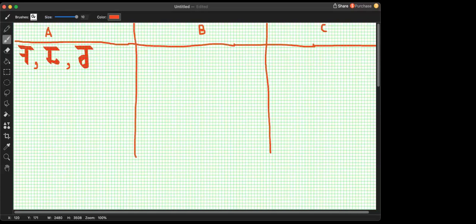So when you're conjuncting these kind of alphabets, the Shiroreka will not exist during the conjunction time. See, now let me write this word Chanda. Okay, I'll first write it in Devanagari.